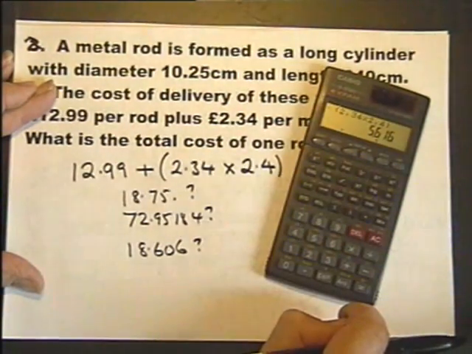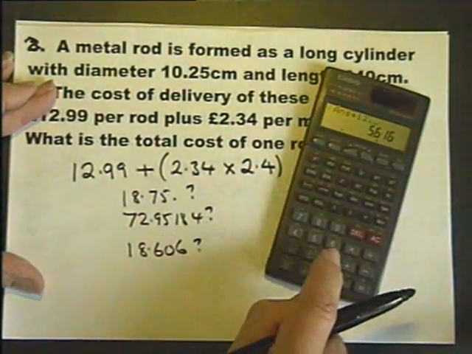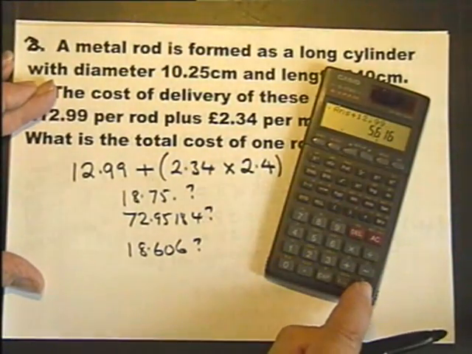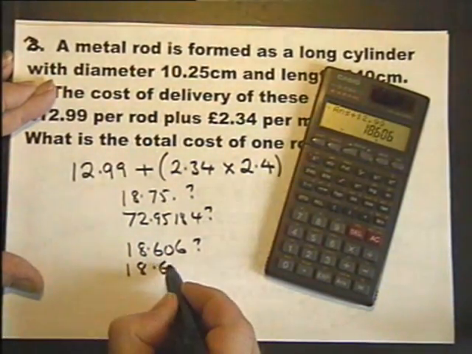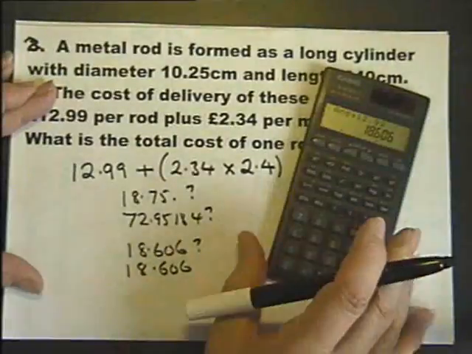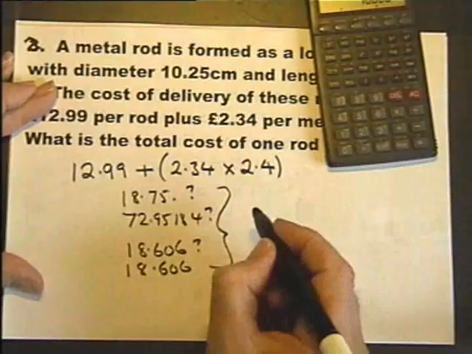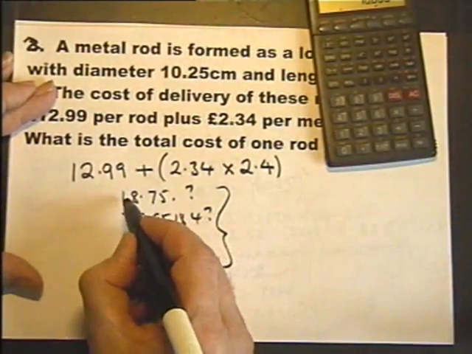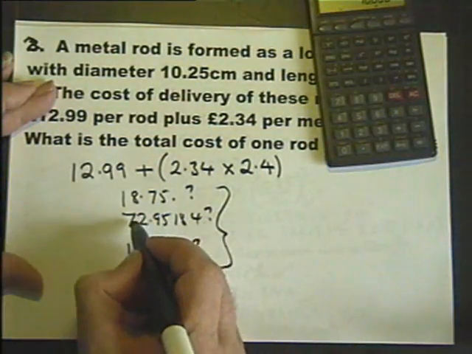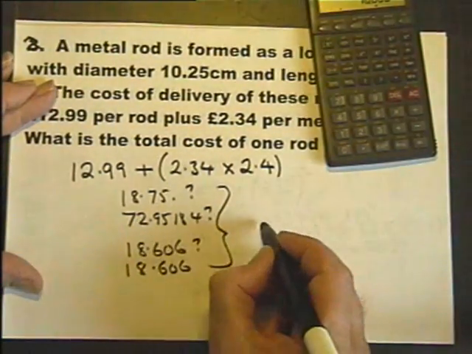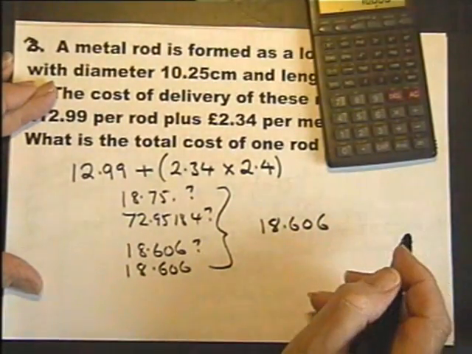That's the charge for the meterage of the pipe. Now we'll add on the delivery charge that's always charged, the 12.99. Feeling a little bit better now, because I've got the same answer twice. So I'm going to deduce from that that I spotted the mistake I made when I was typing that in, even though I didn't mean to make it. I didn't spot what I did there, but I did something daft. And that sort of thing is going to happen in an exam.